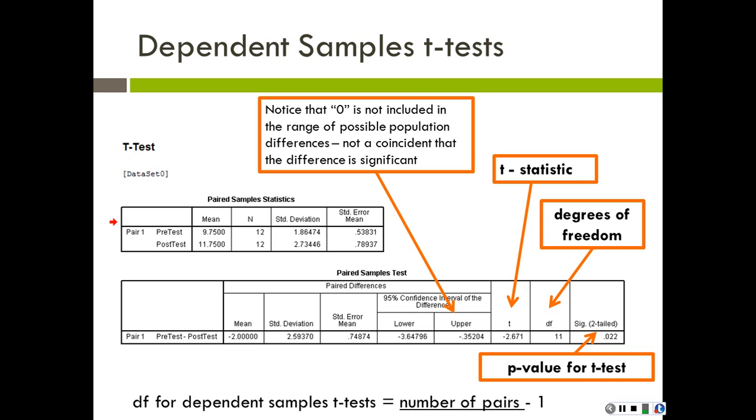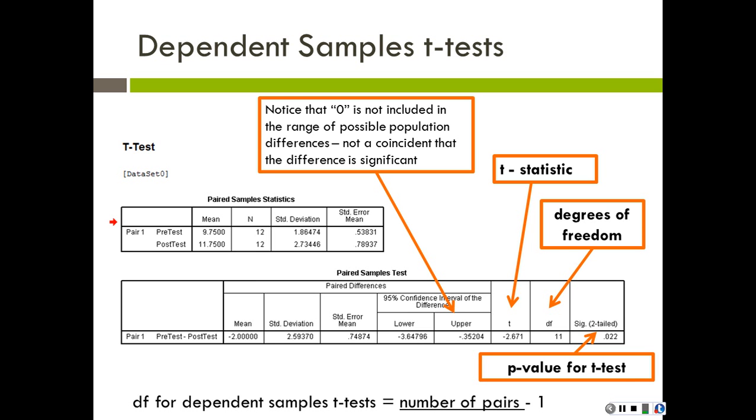But the most important thing to notice is whether 0 is in this range. No. A difference score of 0 between pre and post test is not something we would be 95% sure happens. So it's outside of our confidence interval. It is not a value we think could happen given our sample, and so that corresponds with this being significant.